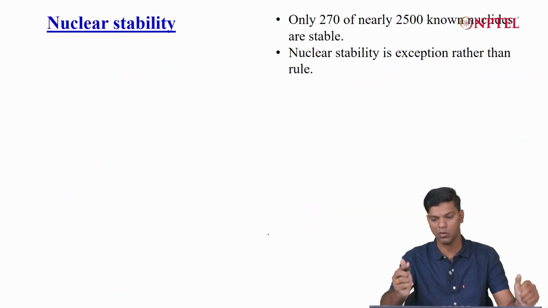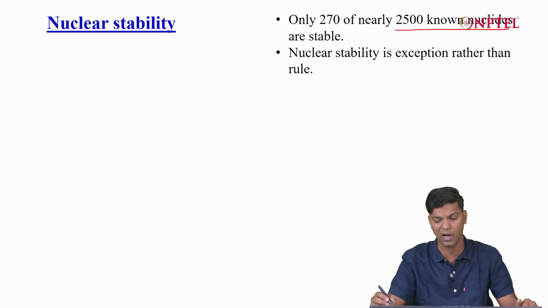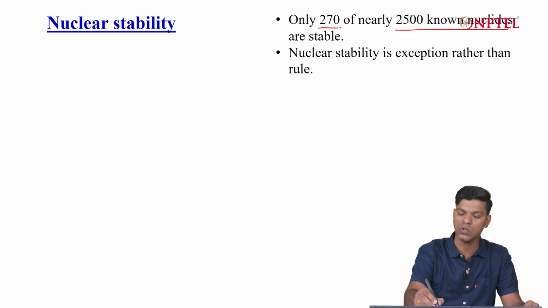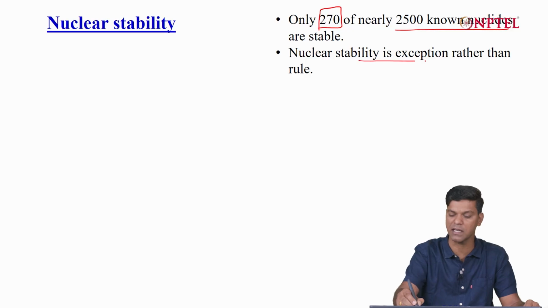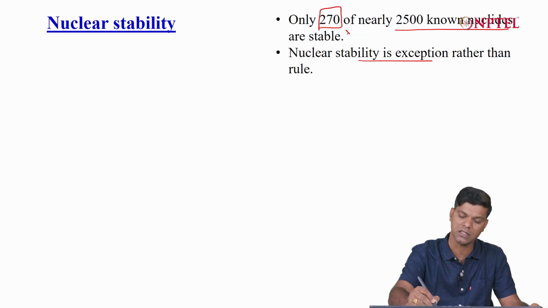If you try to understand the number of nuclides that we know, there are around 2500 nuclides in the natural system, and out of the 2500 nuclides, only 270 are stable, only 10% is stable. That means nuclear stability is actually an exception rather than a rule. Mostly we find unstable nuclides, and only about 10% of nuclei are stable.